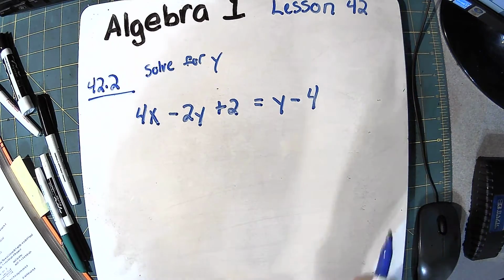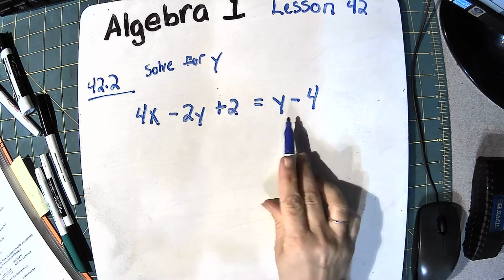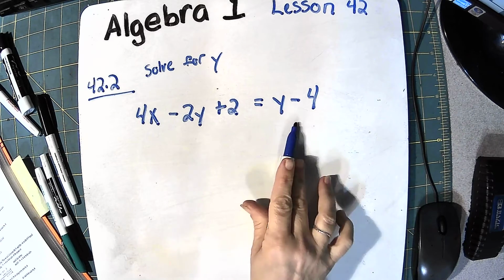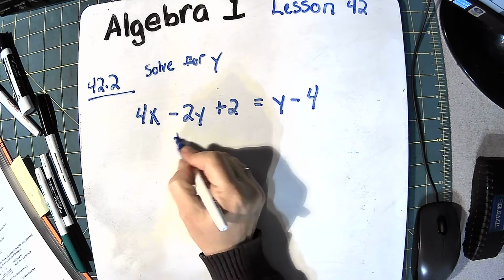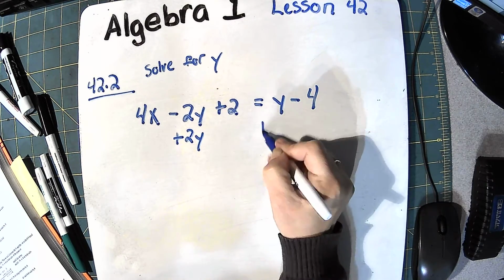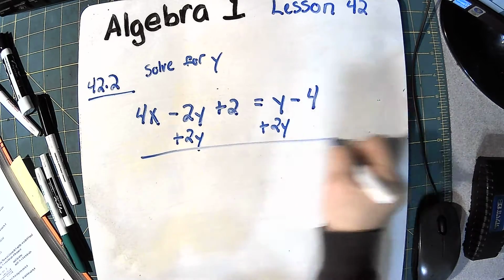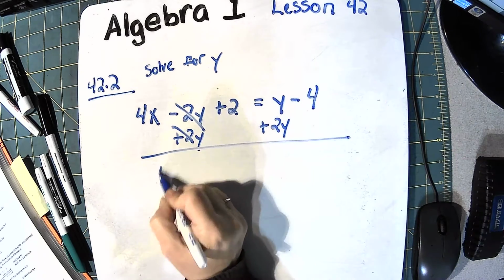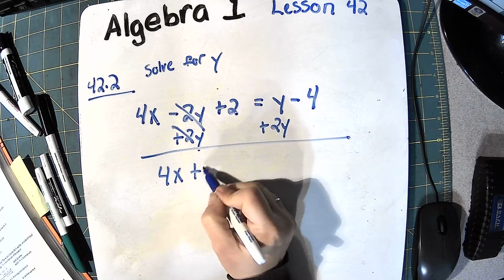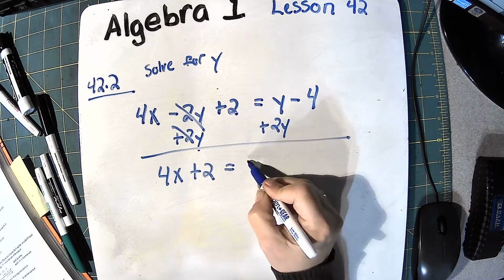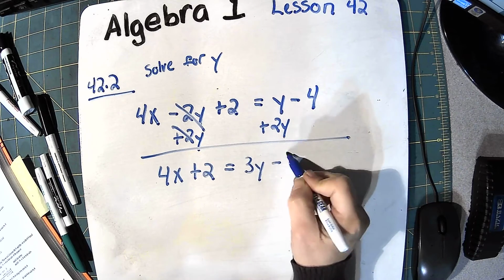Okay, we're solving for y. First thing we want to do is get our y's together. So this one's a little bit different. We have more than one y. So I'm going to add my 2y to both sides. And now I have 4x plus 2 equals 3y minus 4.